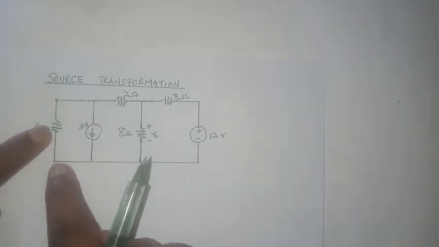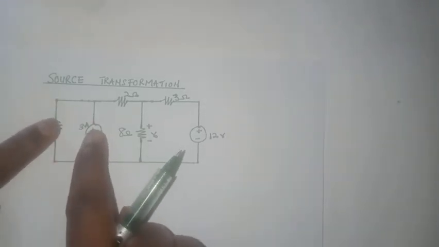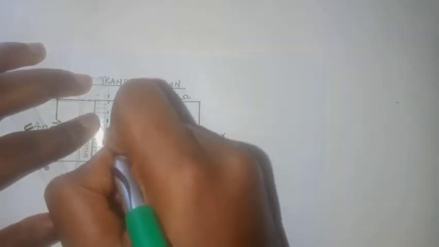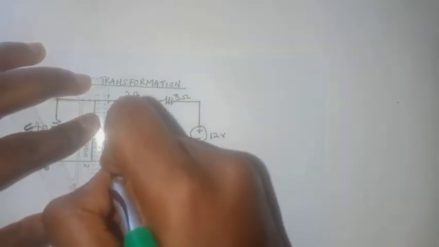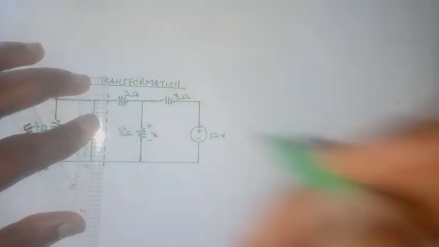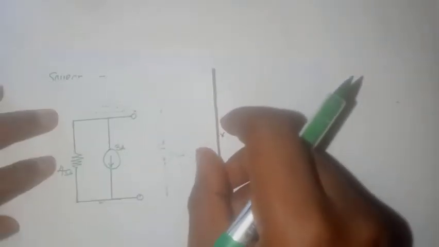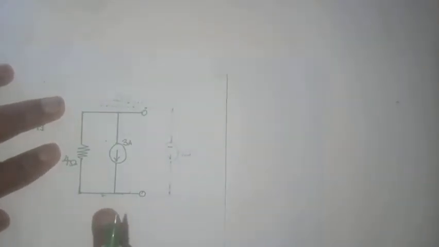We're going to isolate this current source and this resistor, separate it from the circuit like this, and perform a source transformation on the source. If you separate it from the circuit, we would have something like this.